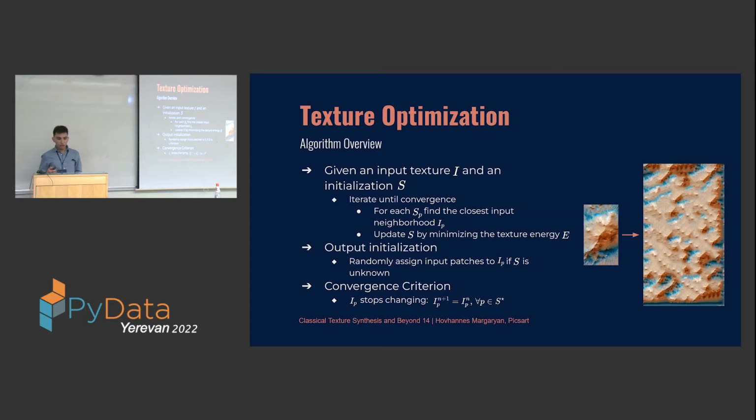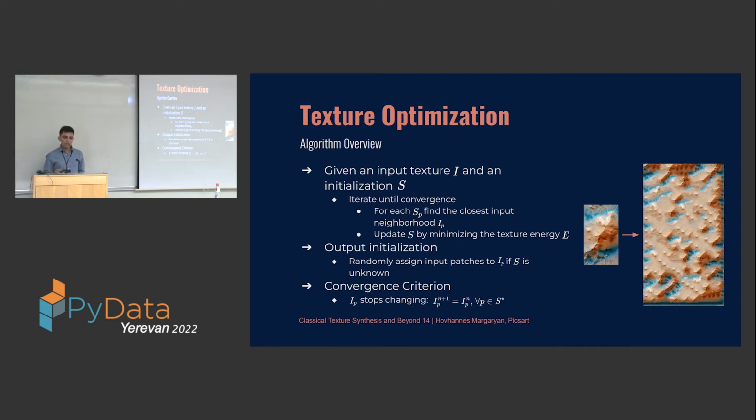Let's see how the algorithm performs. So we are given an input texture I and some initialization of the output texture S, and we iterate the following two procedures until convergence. For each SP, we find the closest input neighborhood IP, and next we update the output texture S by optimizing the energy function that was presented in the previous slide.